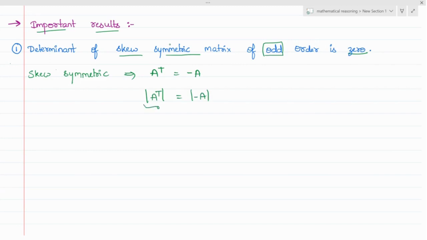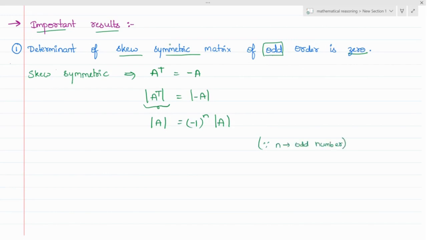now we have studied a property that determinant of A transpose can be written as determinant of A. And from here, if we take minus 1 common and whole power n, determinant of A will be left out. And it is told that it is of odd order. So here n is an odd number.